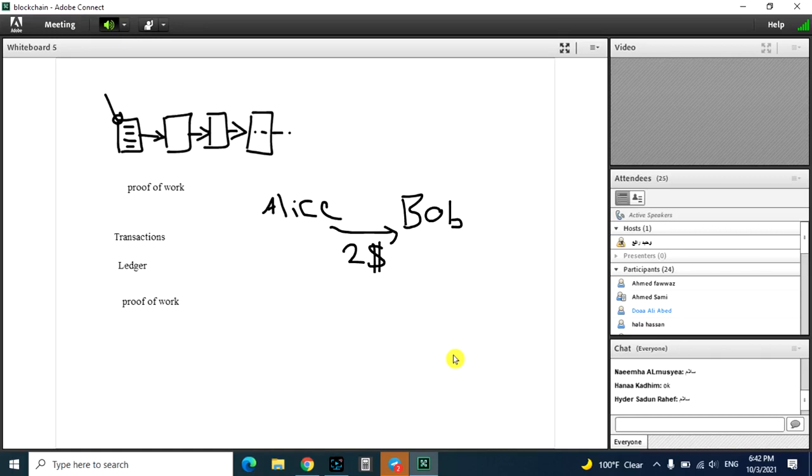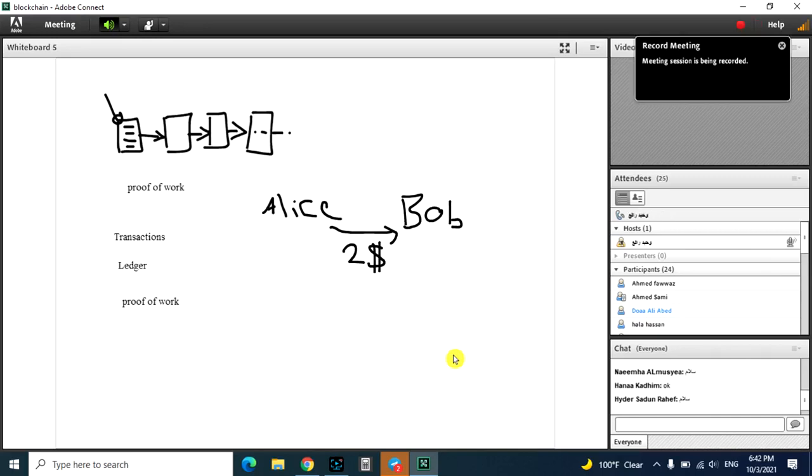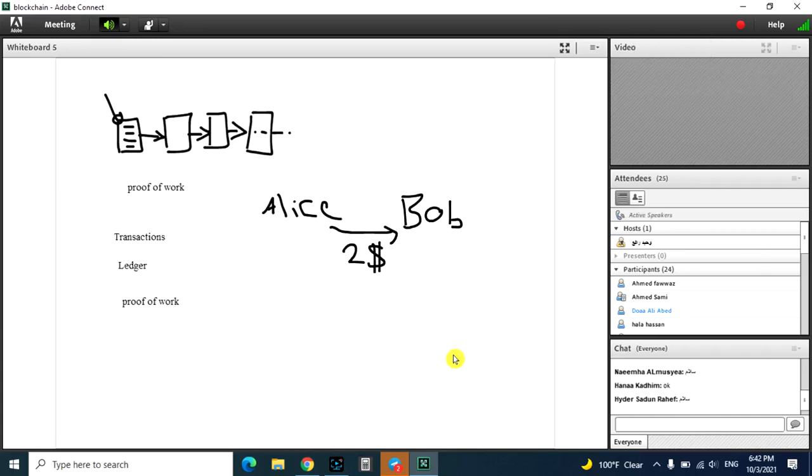It means that the balance of Alice will be decreased by $2, and the balance of Bob's account will be incremented by $2. Okay, I know you all know this, but what about cryptocurrencies?